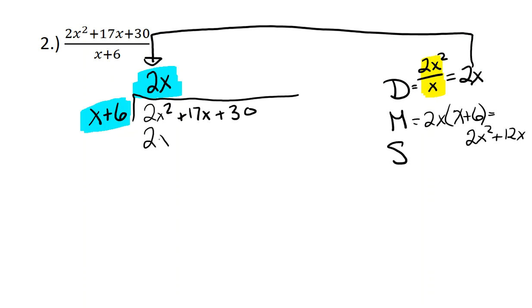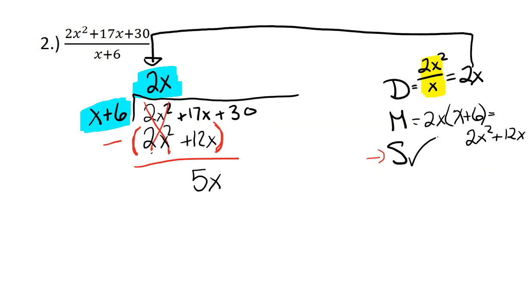And then that goes underneath. Now the idea of this is that this first term will cancel out when we go to do subtraction. Now I'm going to do subtraction right underneath here. 2x squared minus 2x squared, that completely cancels out. And then 17x minus 12x is 5x. And then I've done the subtraction.